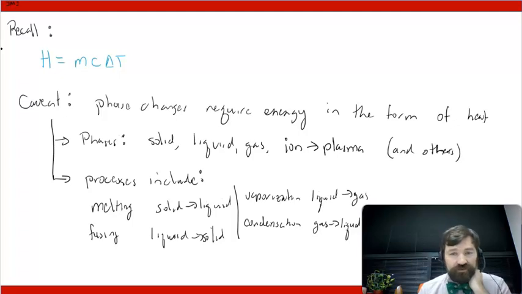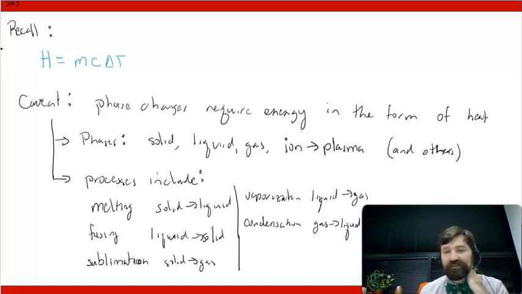And then there are two other phase changes that maybe we could throw in. There's sublimation. So in sublimation, you go from solid straight to gas. And then on the other hand, there is ionization. So ionization means usually from gas to the ion state.